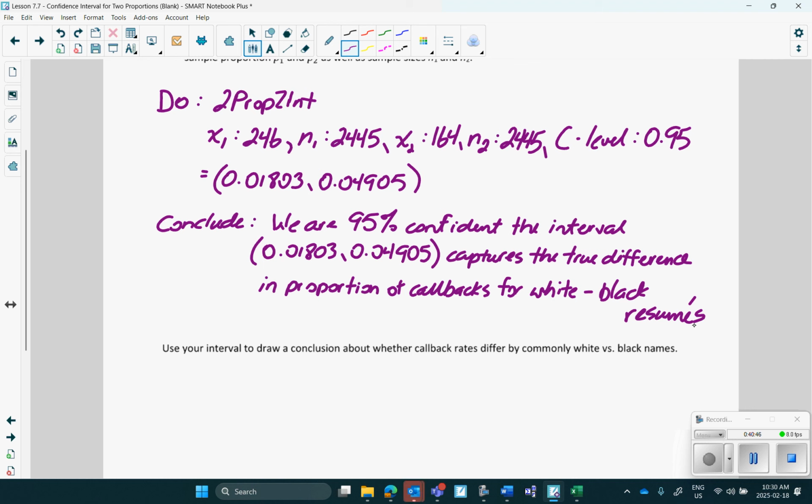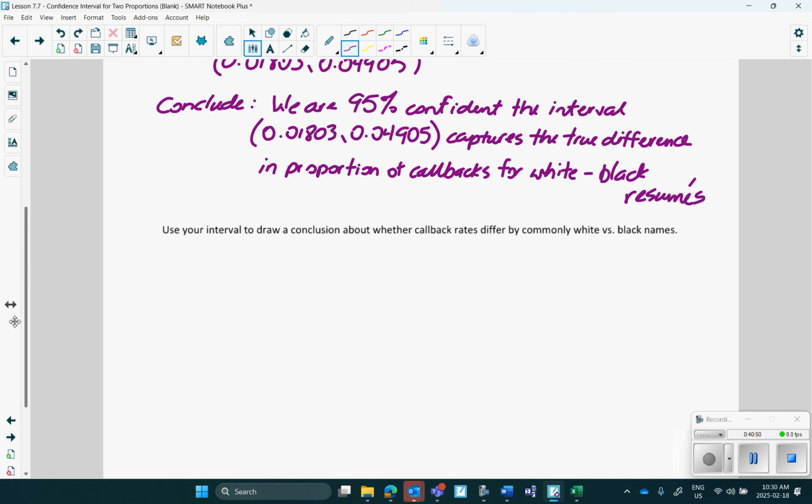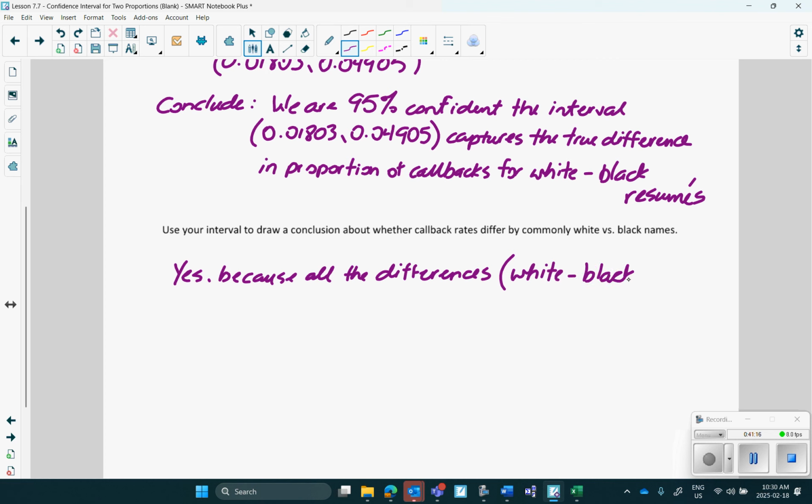And just like we answered before, draw a conclusion. Do they differ? Yes. Because all of the differences, remember that's white minus black, are above zero.